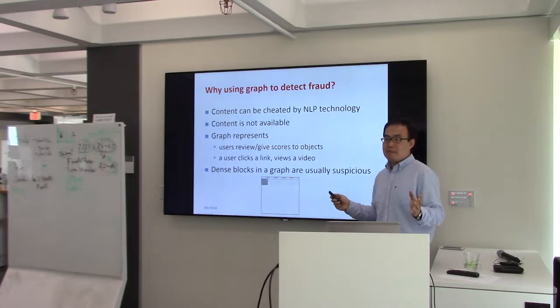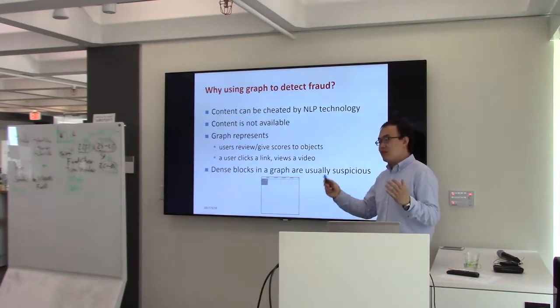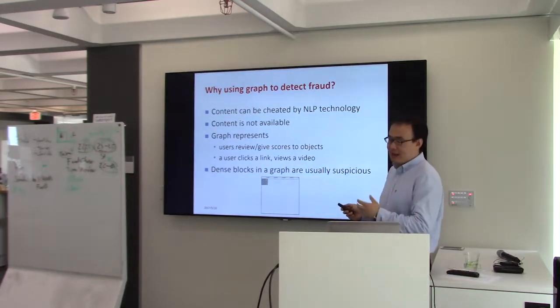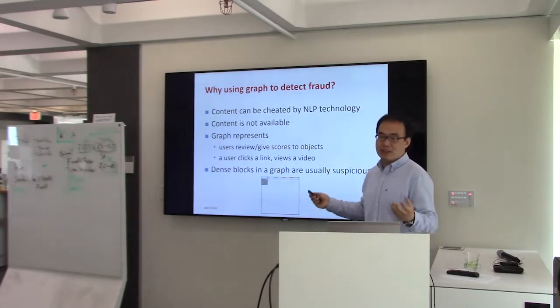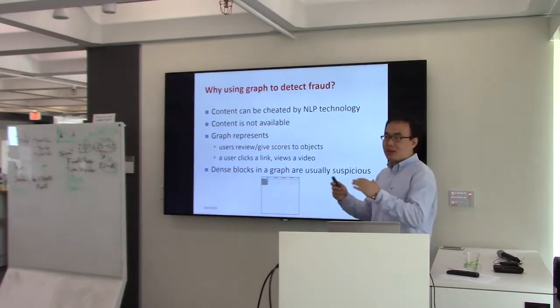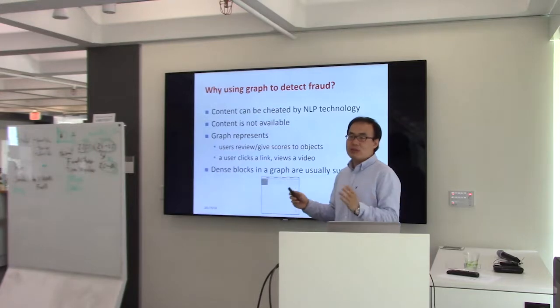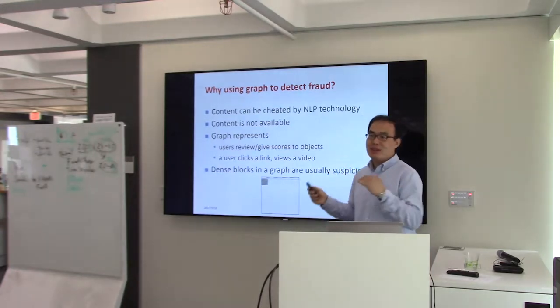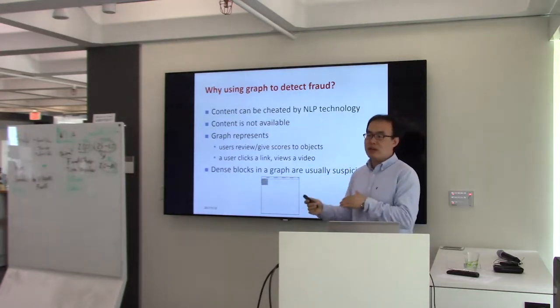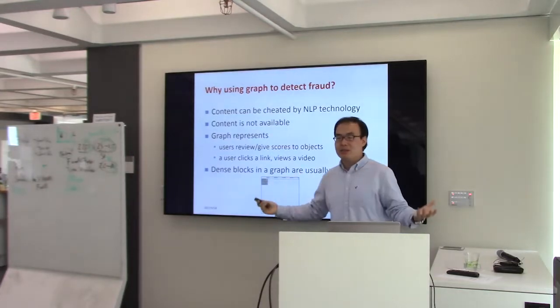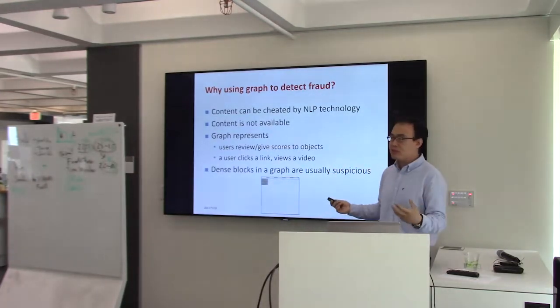Some professors from UCSD, McAuley and Jure Leskovec, claim that they can create reviews indistinguishable from those written by people. So NLP technology really can help them generate indistinguishable reviews.